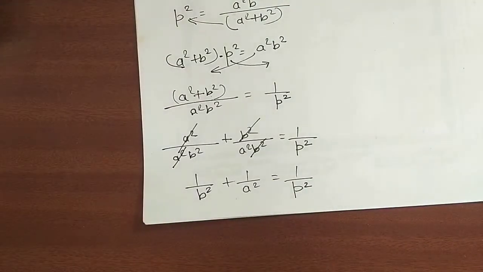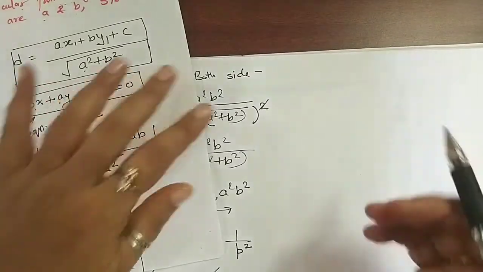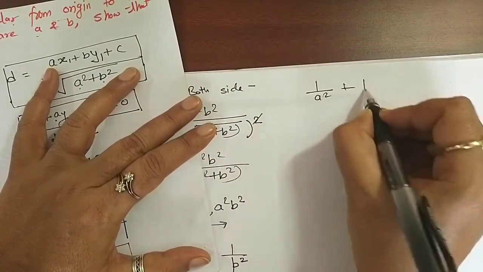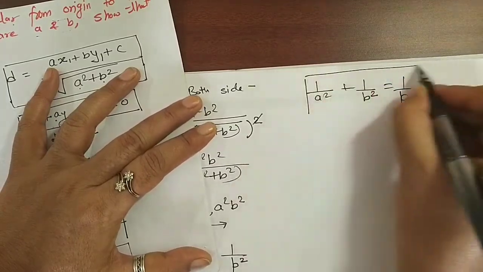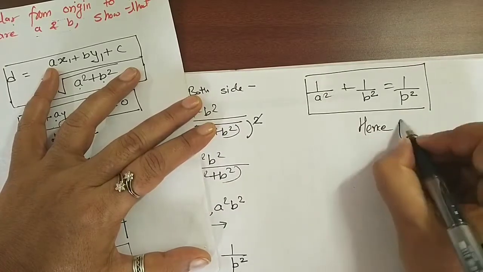But in actual expression, they want us to write A square first and then B square. So let me write down. I will get 1 by A square plus 1 by B square is 1 by P square. So I am just changing the order. So you can say hence proved.